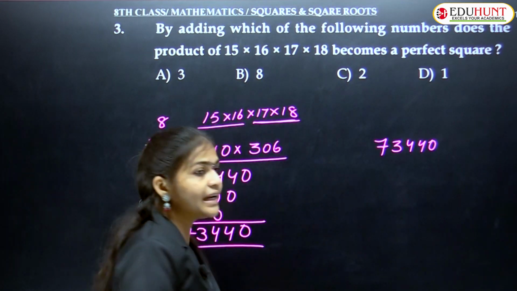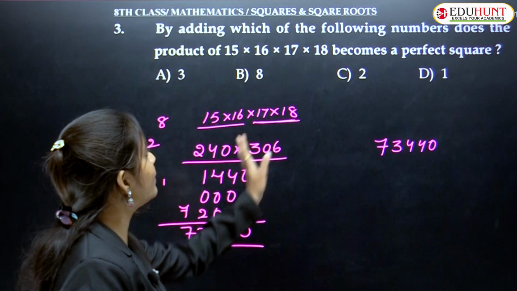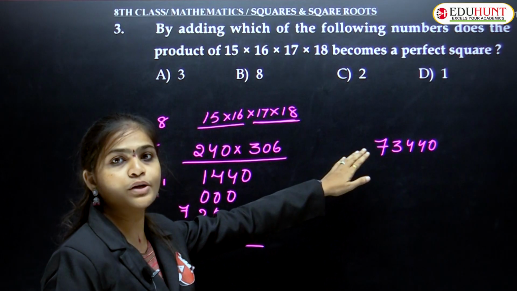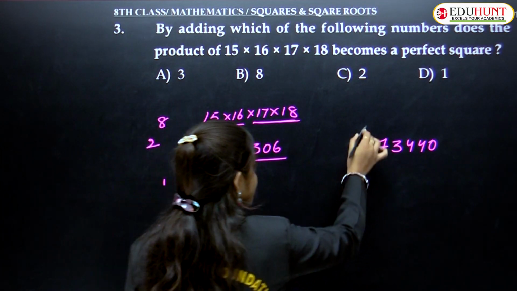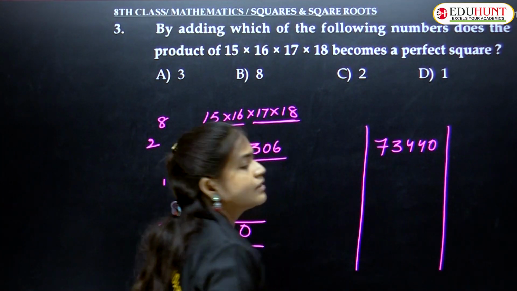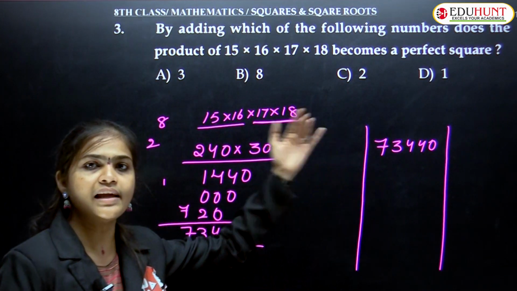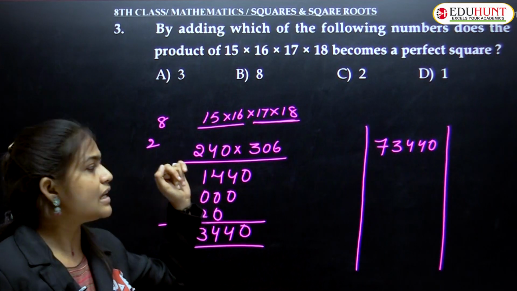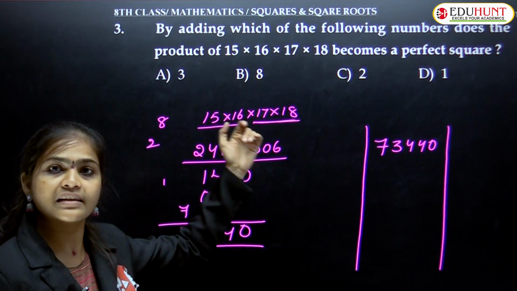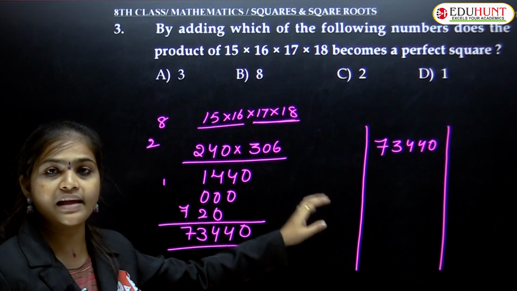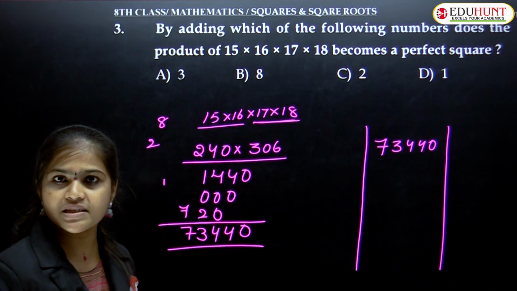73,440. To make it a perfect square, by which number do we have to add? Which number do we need to add to this number to make it a perfect square? Just check this one first. What is the nearest square root? If it is a perfect square, then there is no need to add any number, right? So first we have to check whether this is a perfect square number or not. If it is not, then we need to find the nearest perfect square.